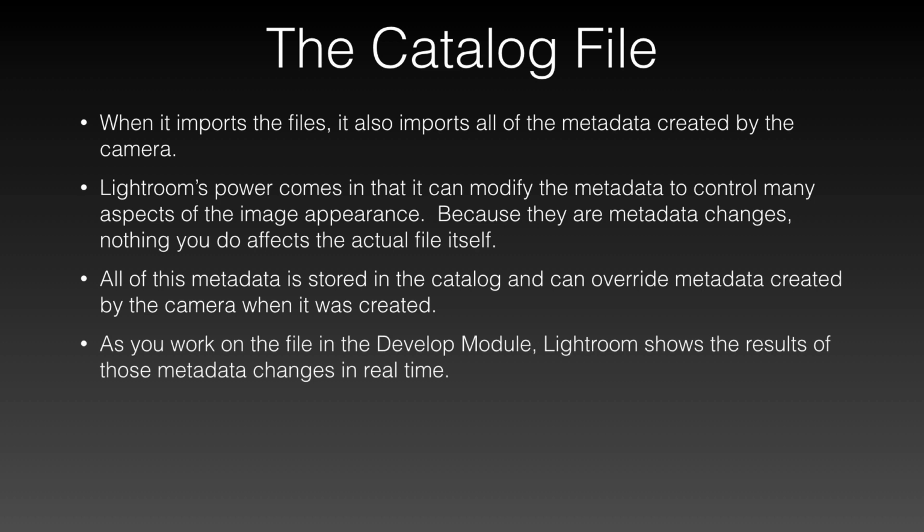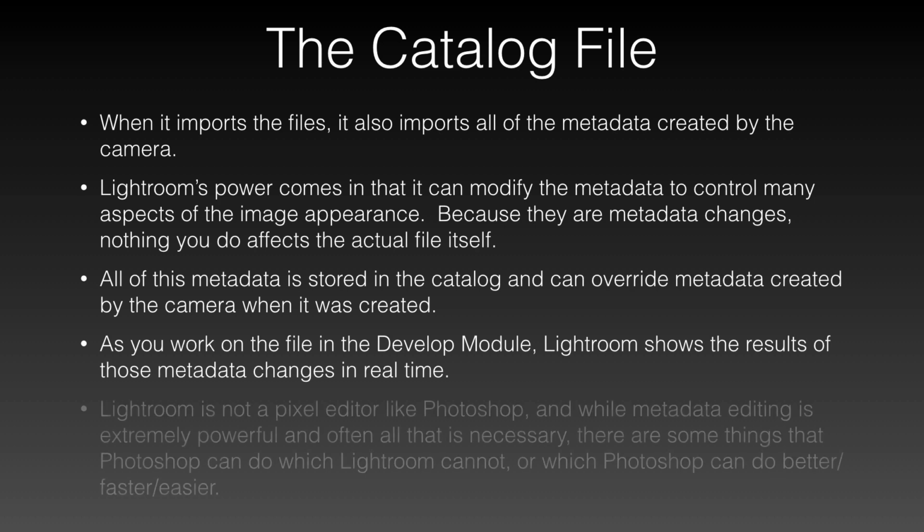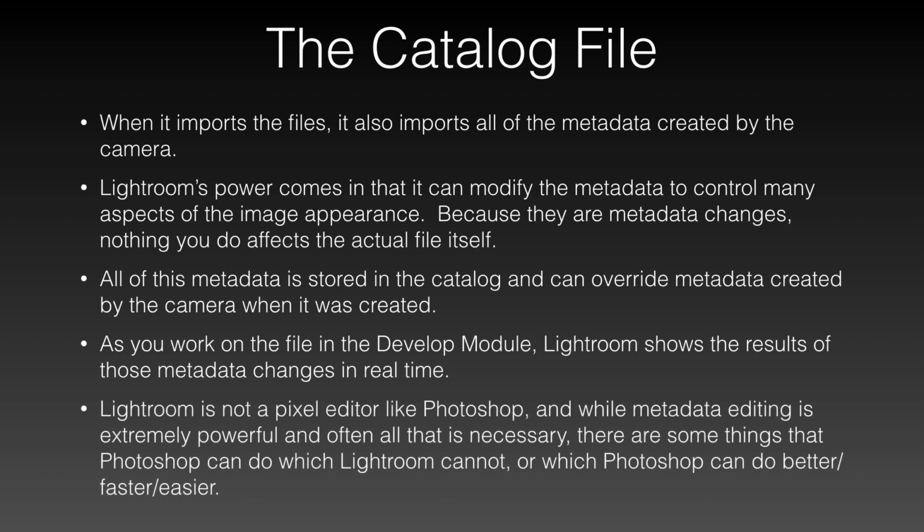As you work on the file in the Develop module, Lightroom shows the results of those metadata changes in real time. Understand that Lightroom is not a pixel editor like Photoshop, and while metadata editing is extremely powerful and often all that is necessary, there are some things that Photoshop can do which Lightroom cannot do, or which Photoshop can do better or faster or easier.